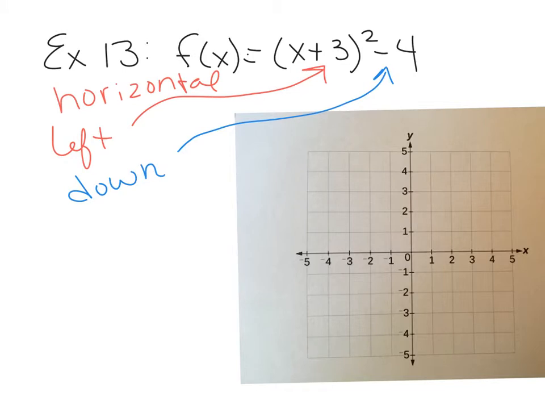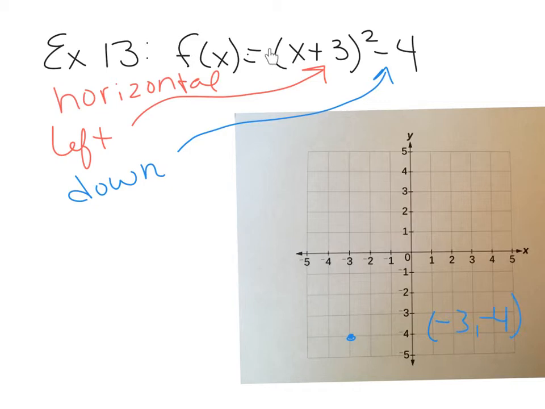So we're going to go left 3, 1, 2, 3, and down 4, 1, 2, 3, 4, and that's going to put us here at (-3, -4). So we're going to label that as (-3, -4).